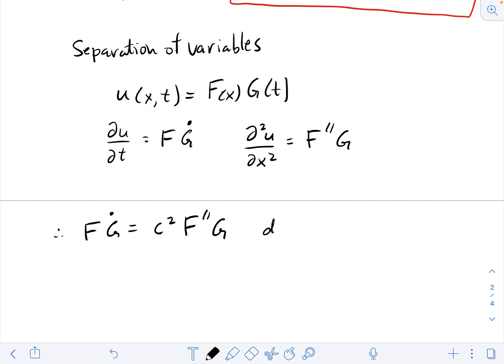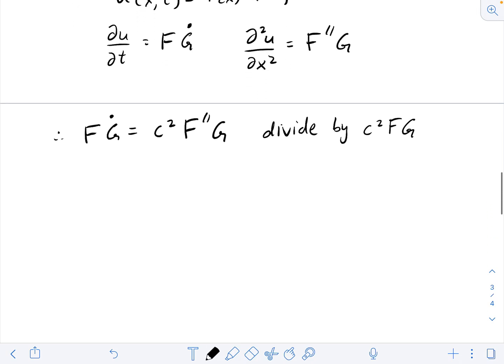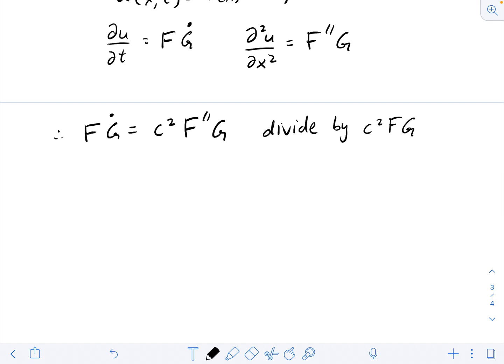Okay, next what we're going to try to do is put all of the time dependence on one side and all of the position dependence on the other side, and we'll do that by dividing by c squared f g. On the left hand side, when we do that, the f cancels, and so we get g dot over c squared g is equal to, on the right hand side, c squared and g cancel, so we get f double prime over f.